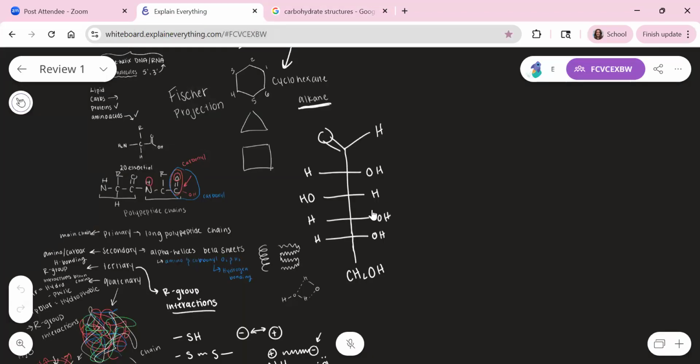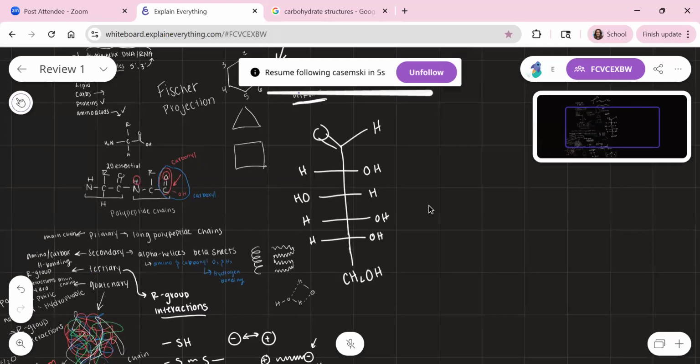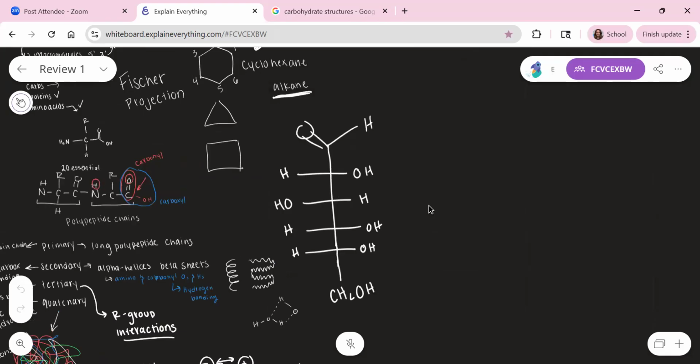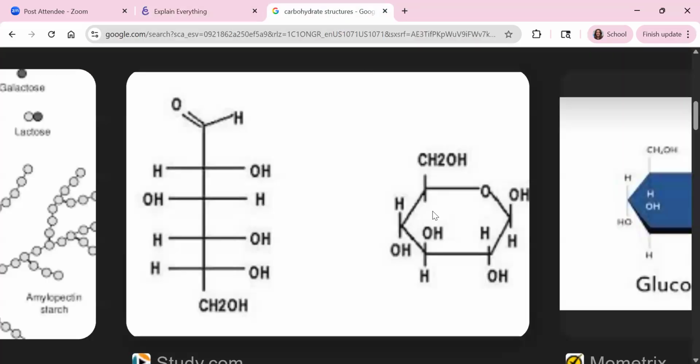Okay, do you guys see this right here? So remember how I said oxygen is pretty electronegative? So we have a partial negative right here, a partial negative right here, and a partial positive right there. What happens is that this oxygen is very attracted to this partial positive, and that's when we get this structure. So I'm also going to write this down.